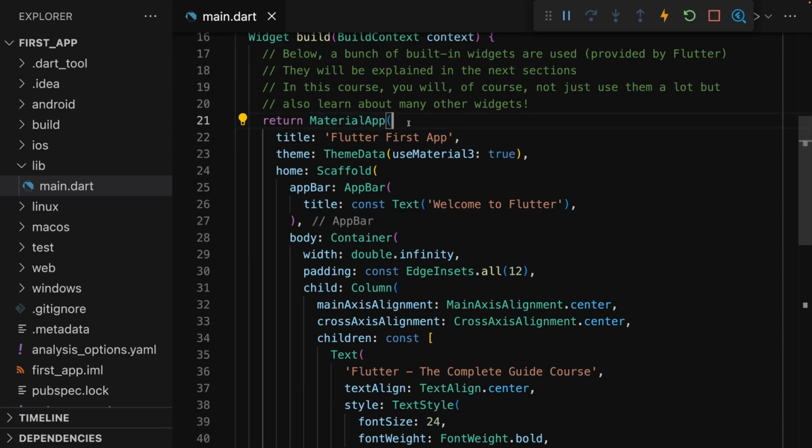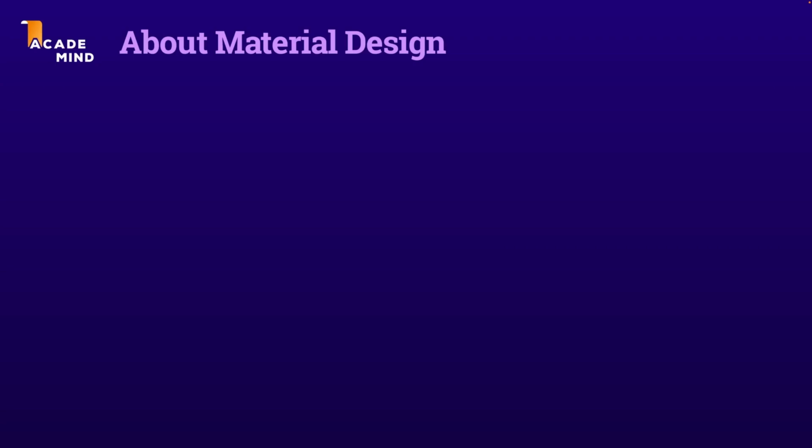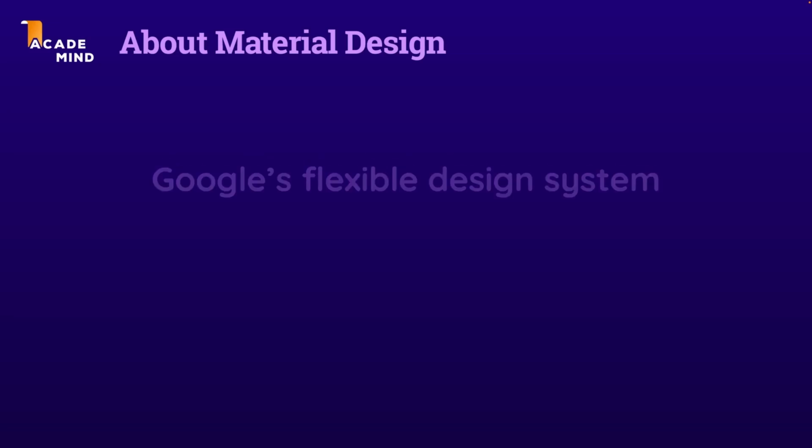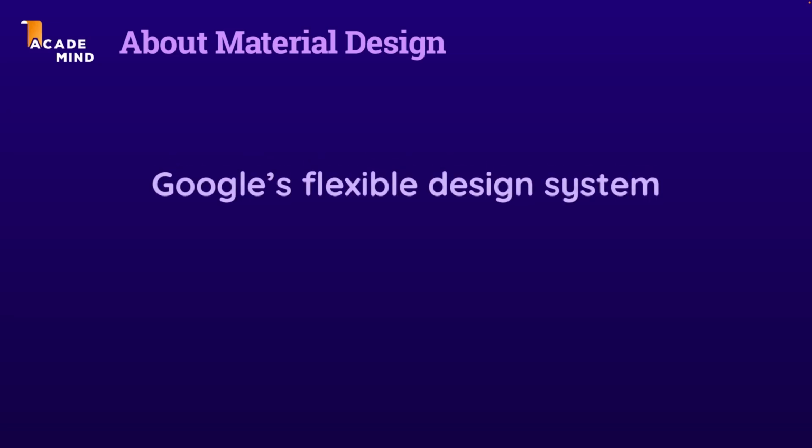But one thing that's noteworthy about this MaterialApp widget here is its name, MaterialApp. And it's noteworthy because it includes a very important word, material. Because Flutter apps by default use Material Design, which is Google's flexible design system.